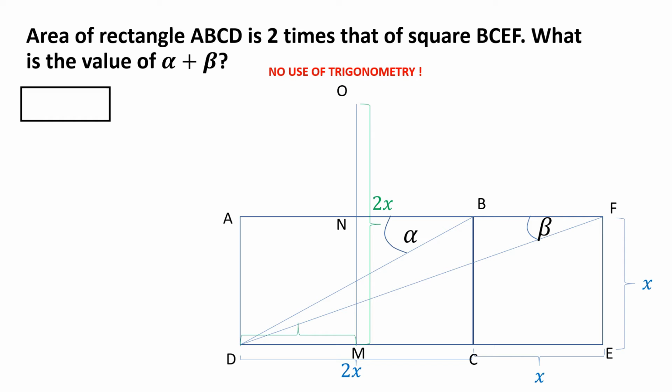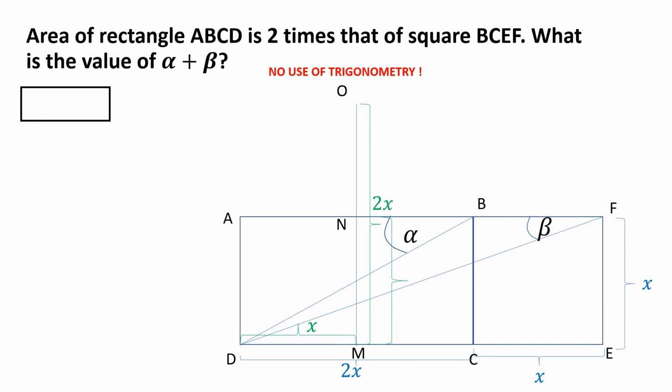What is the length of DM? Well, we took M as the midpoint of DC, so that makes DM equal to half of DC, which is x, because DC is 2x, so half of DC will be simply x, right? And what about the length of NM? Well, by our construction, NM was parallel to the sides AD, BC, and FE, and that makes NM equal to those sides.